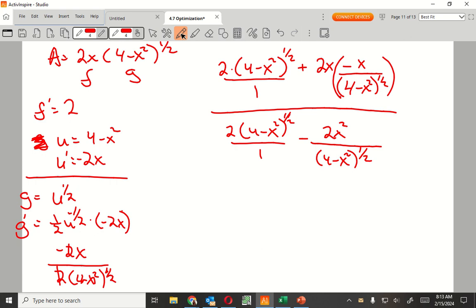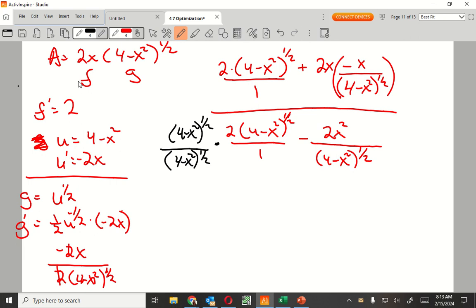Okay, common denominator. There's a lot of red here. I need to change that. My common denominator, quantity of 4 minus x squared to the 1/2. So when I do that, that's going to make these two quantities become one whole because it's 2 over 2.